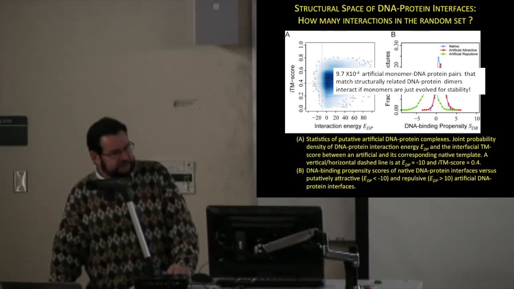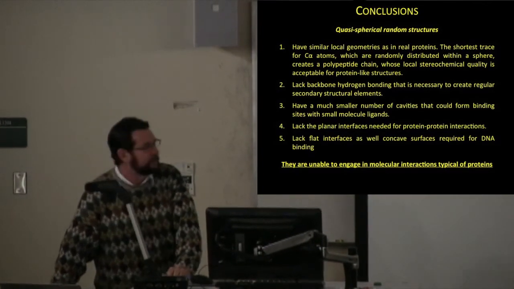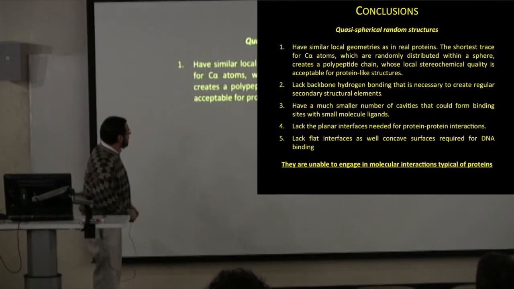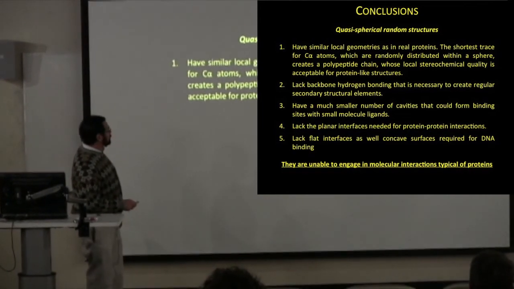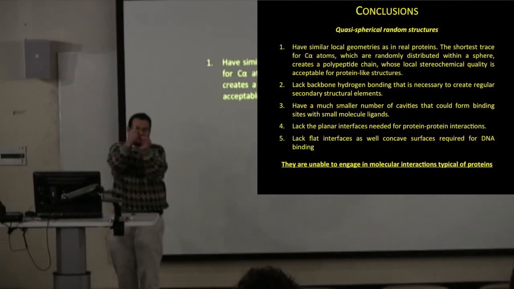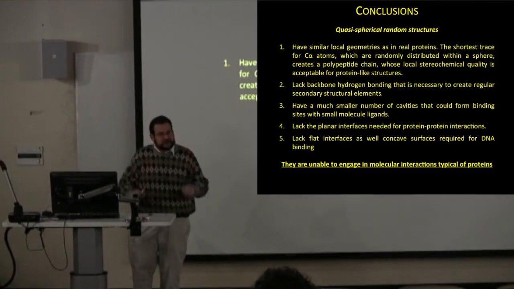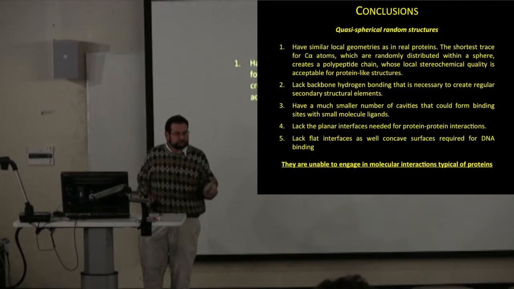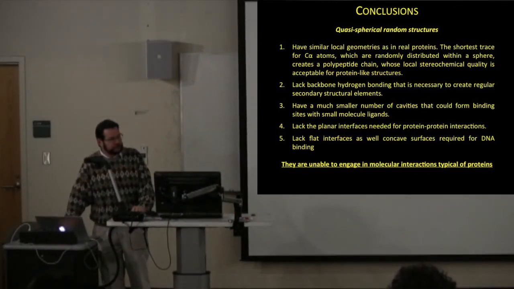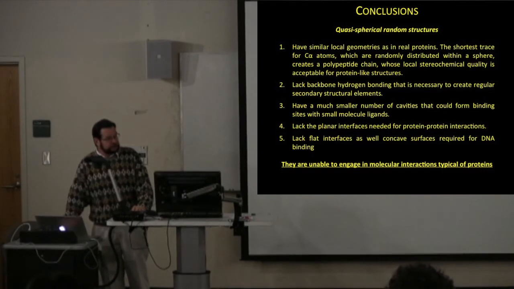Okay, so the conclusions. If the world were composed of quasi-spherical random structures, I didn't have time to show you their local stereochemical quality, their phi-psi maps look like real proteins. So the local packing of dense structures generates the phi-psi maps. That's it. We then connect them, you get the global folds. So far, so good. They don't have secondary structure because they're not hydrogen bonded. They're denser packed, so they don't have cavities.